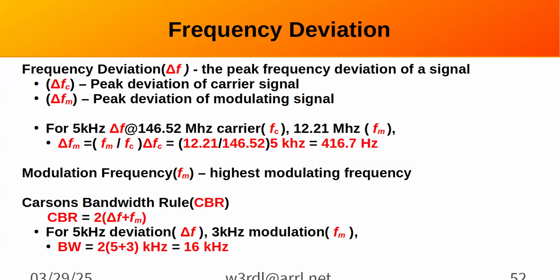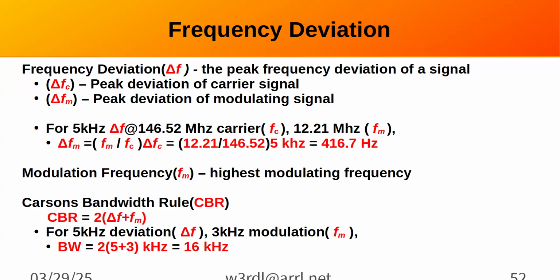I'm just showing another example there, for a 5 kilohertz deviation and a carrier of 146.52, then a modulating frequency of 12.2 megahertz, and you get that delta FM, work it out to 416.7 hertz. I forgot why that's there, but I'm sure I'll remember it on the next slide.